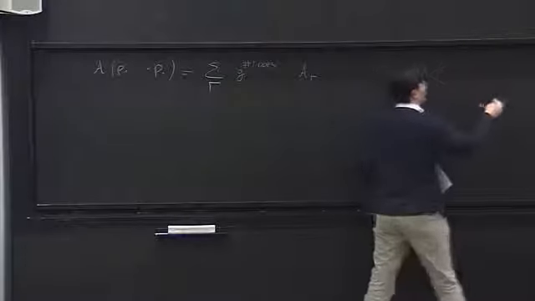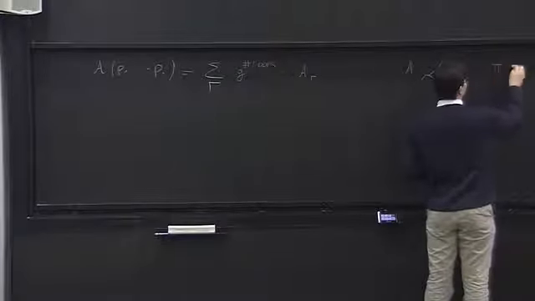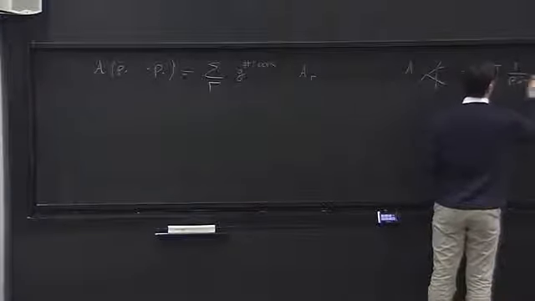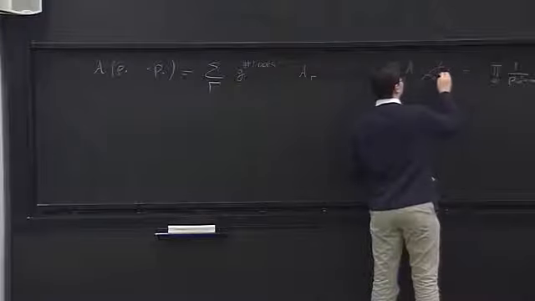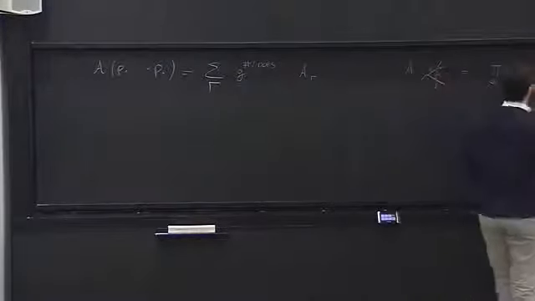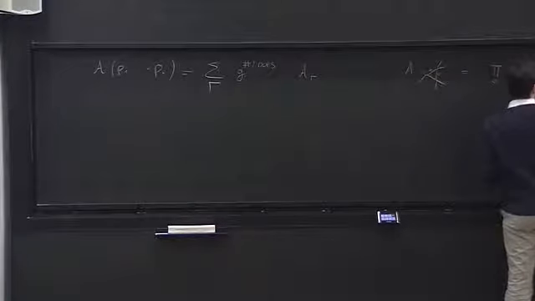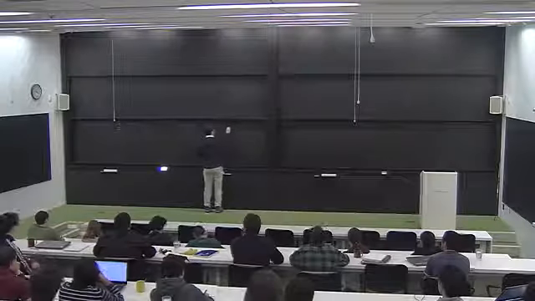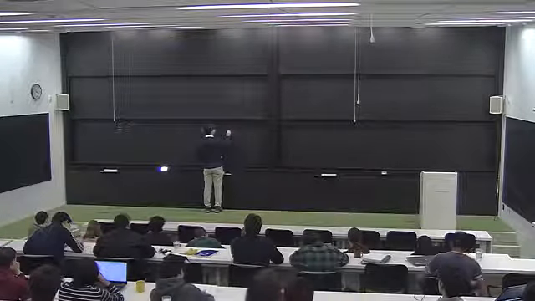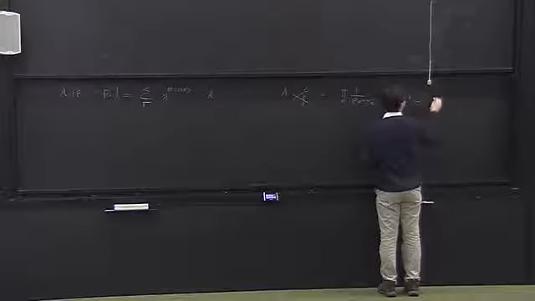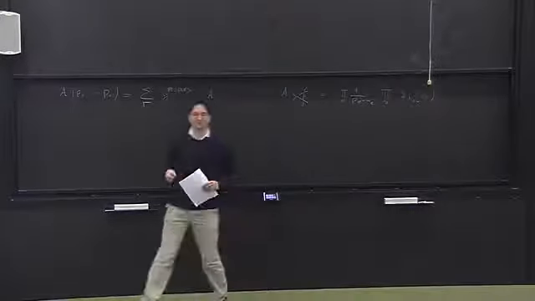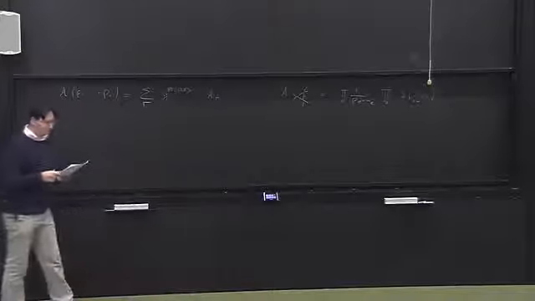You're going to take the product of propagators over the edges of your graph, and some momentum conservations at the vertices.